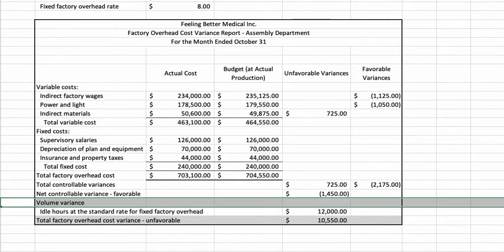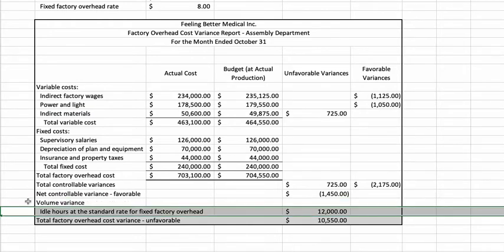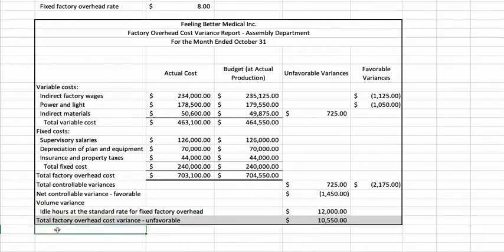This volume variance, aka the idle hours, could be a result of either production or a sales problem. So the sales department may not have generated enough sales for the production department to actually use 100% of their capacity. If that were the case, then leadership would look to the sales department and say, is there anything that we can do to help you maintain sales at our expected rate?